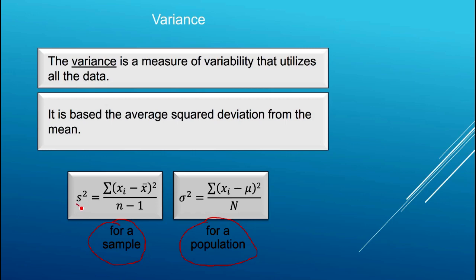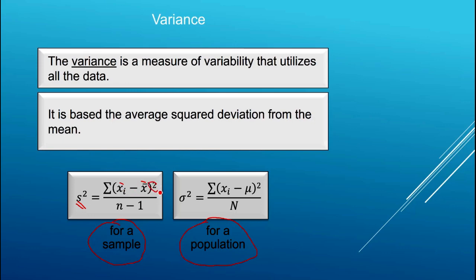In the formula on the left for the sample, we denote the sample variance as S squared. And what you will notice is that I am calculating for each observation the difference between that observation and the mean, which we calculated in the previous video. I'm going to take the difference between each observation and its mean, and I'm going to square it.